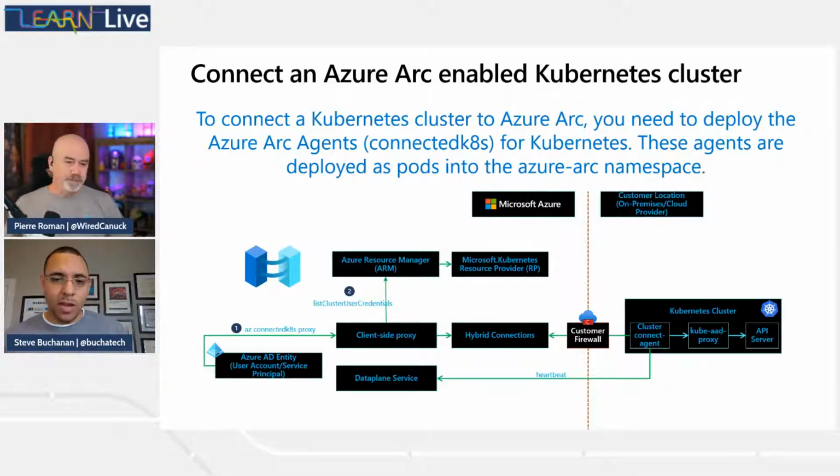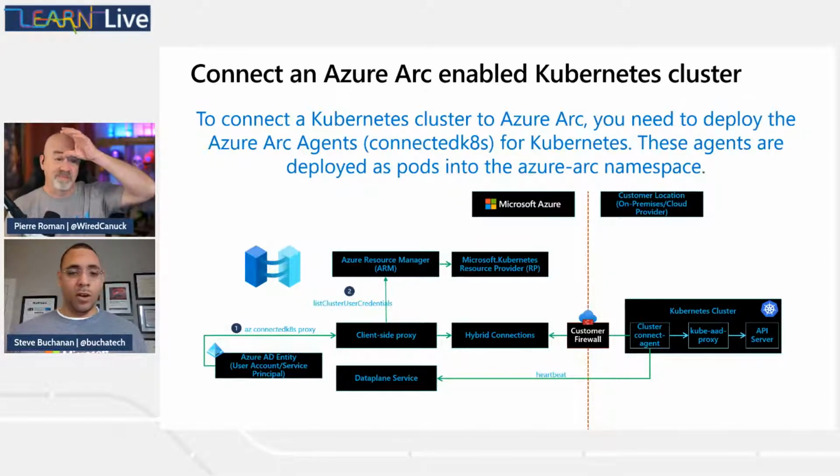You can see how the traffic flows, and also that there's a heartbeat that flows back to Azure Arc to tell it that your Kubernetes clusters are still alive. That's also where it's sending the metadata about your Kubernetes cluster up to Arc, so that you can see information about your clusters in Azure.